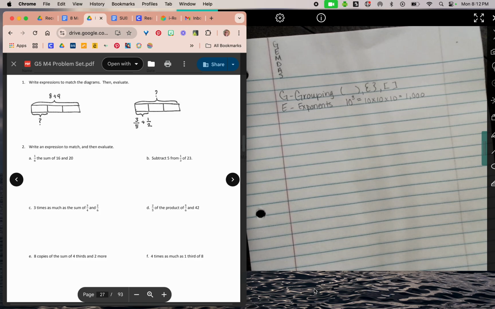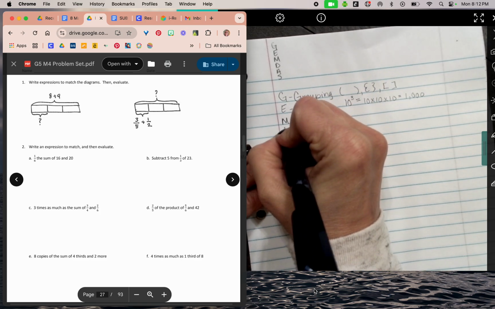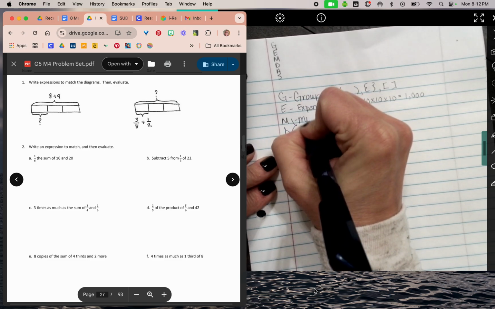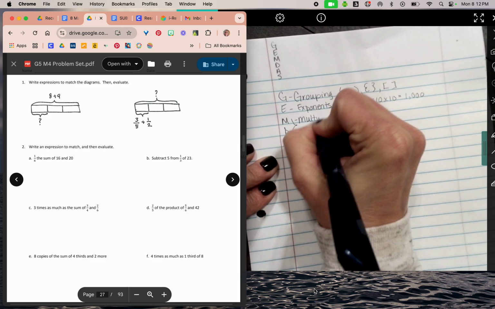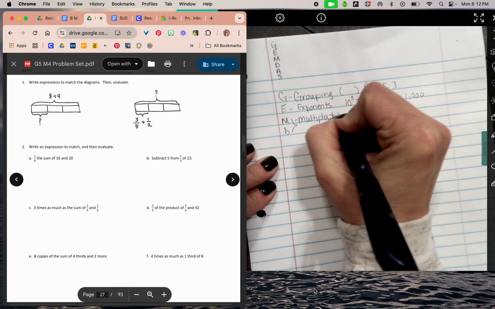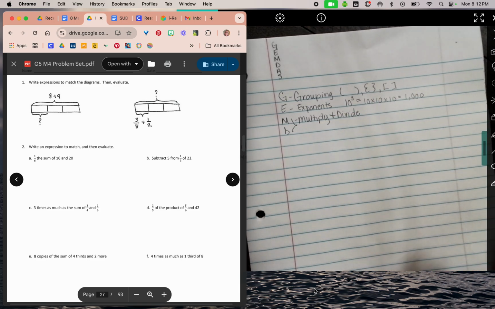Okay. Then we have our multiplication and division. So I'm going to do these together. I'm just going to write multiply and divide. They are equal level of operations.